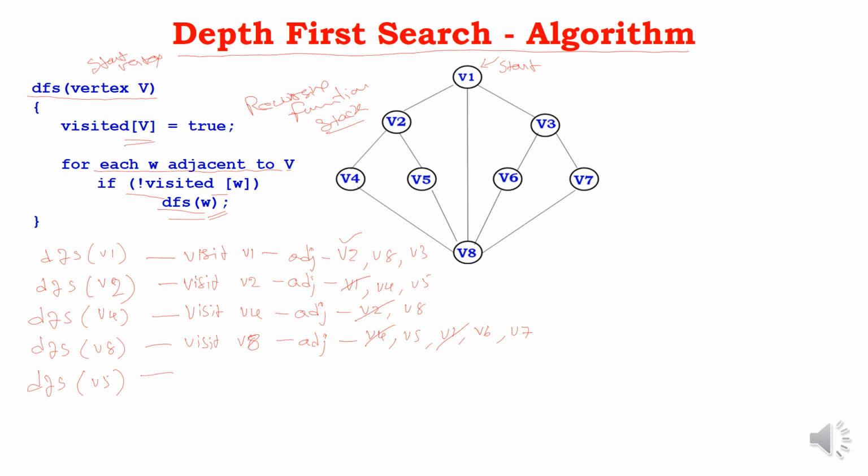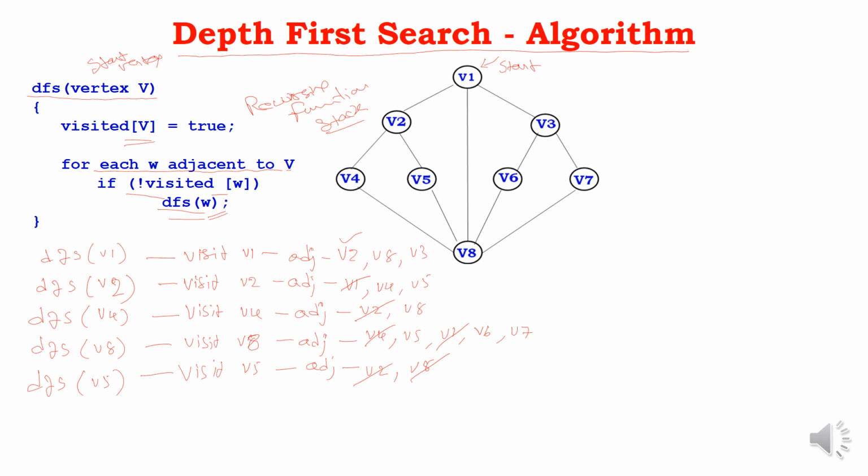Whenever you call the DFS function, it automatically visits V5. Adjacent vertices of V5 are V2, V8. V2 is already visited. V8 is already visited. There are no unvisited adjacent vertices now.